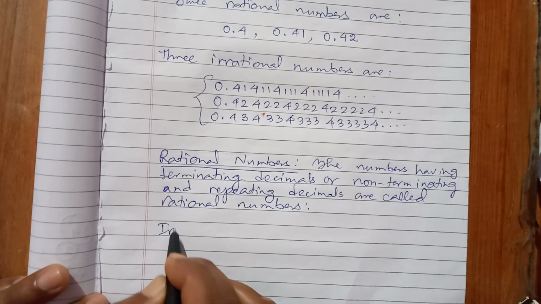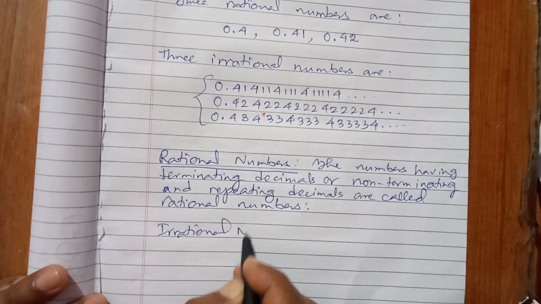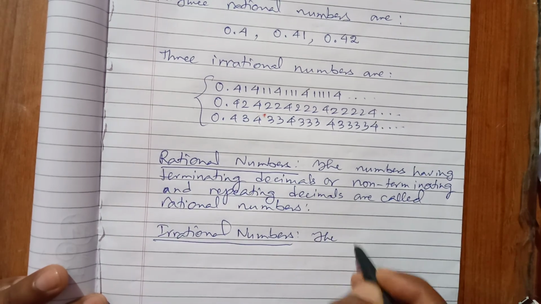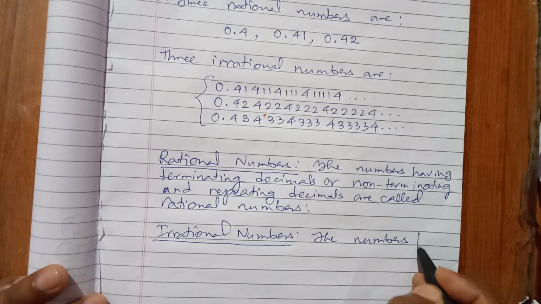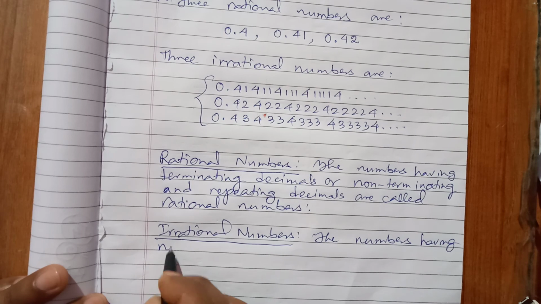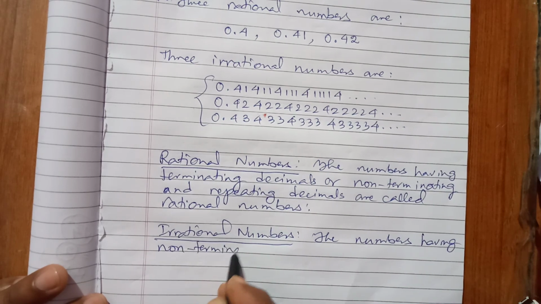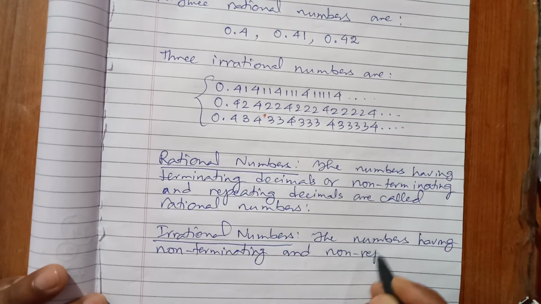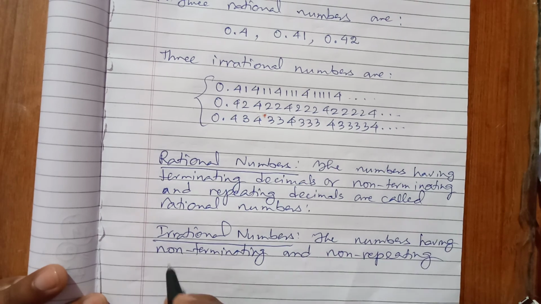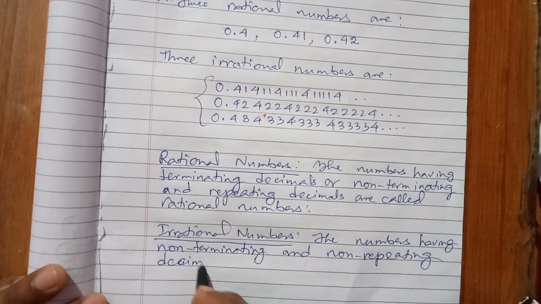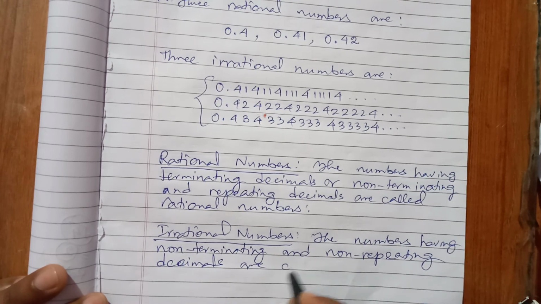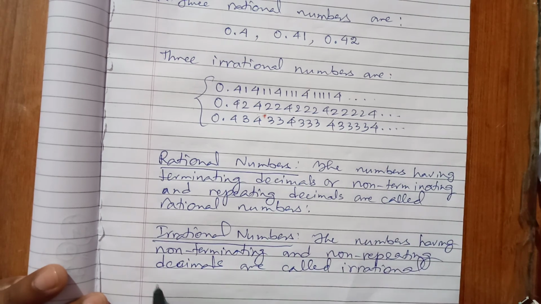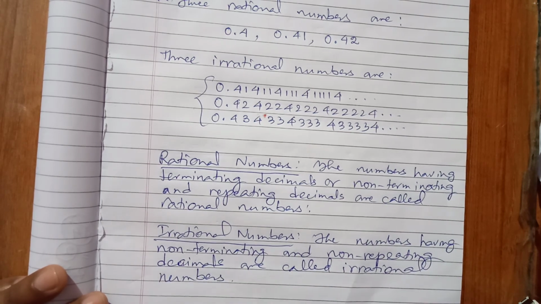Now for irrational numbers: the numbers having non-terminating and non-repeating decimals are called irrational numbers.